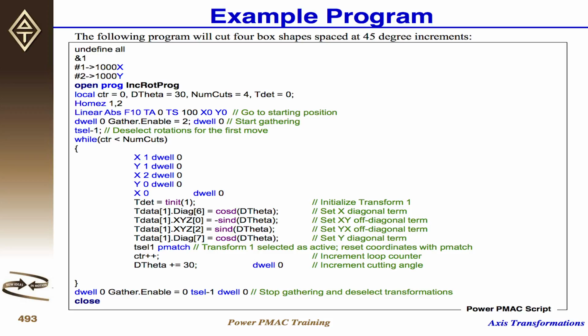So I declare a counter, the theta that I want to rotate the whole thing, number of cuts, and the TDT, which is the determinant of the matrix that I want to check to see if it's really doing the axis definition transformation matrix correctly.